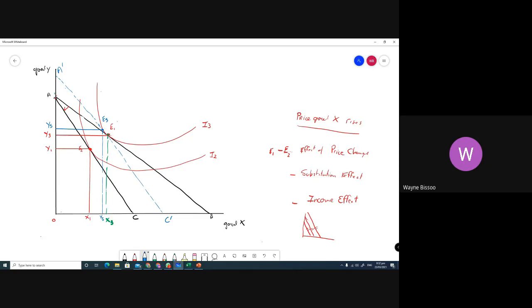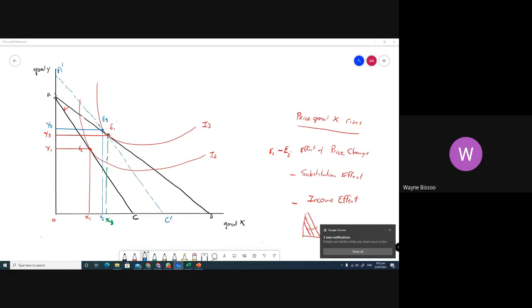I now want to give up the expensive X quantity of goods, because remember what do I want to do? I want to try to stay on I3. Making sense? Remember, that's where you were back looking at your TikTok and all that kind of stuff, right? You're recalling that.